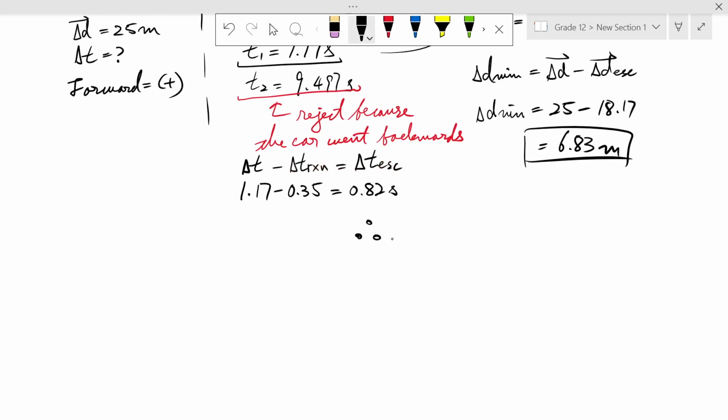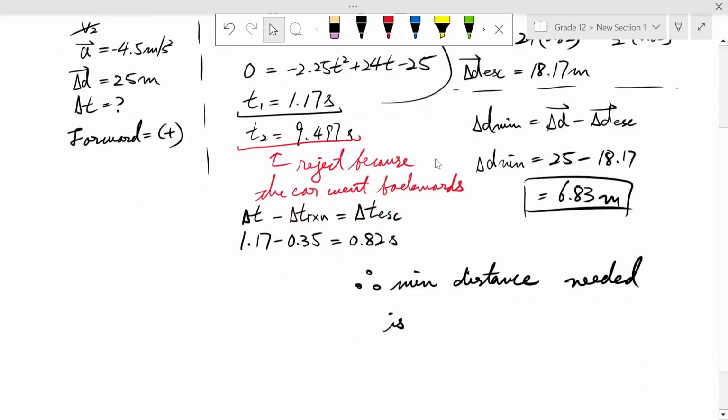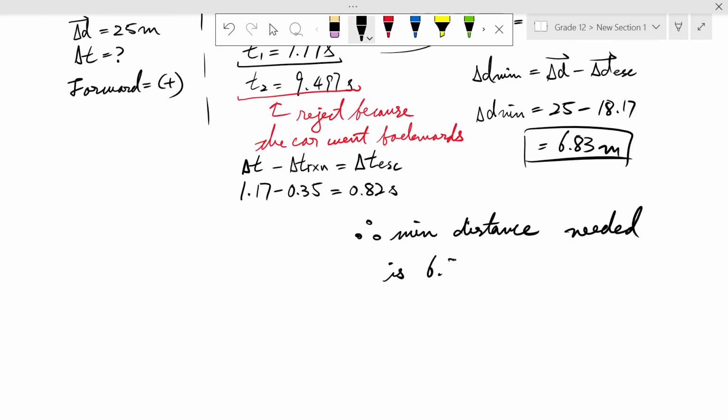Therefore, the minimum distance needed is, how many sig figs do I have? 2, 2, 2, okay. 6.8 meters away from the car.